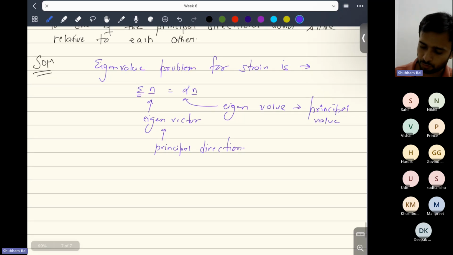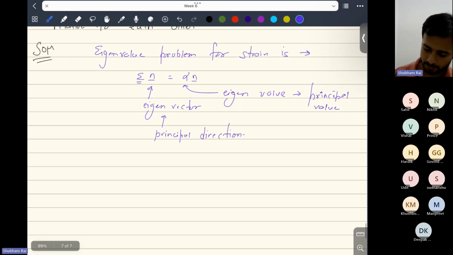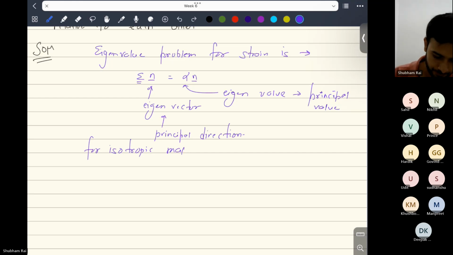And since for isotropic material, we can write, for isotropic, principal value of strain component, we can say that principal direction of strain.